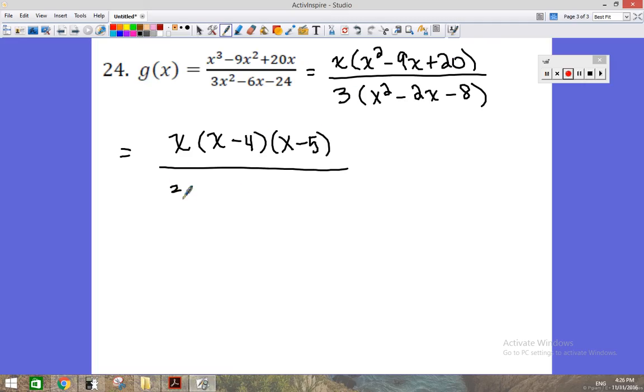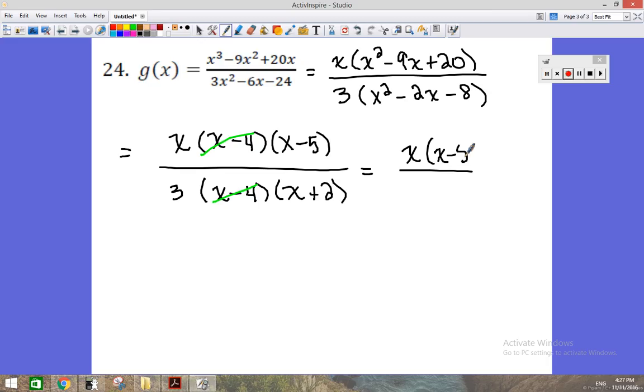And here, with a negative, the larger in magnitude is going to be negative, so the minus 4 plus 2. And we see that we do have a factor that cancels. Our numerator then is x times x minus 5, and our denominator is 3 times the quantity x plus 2.